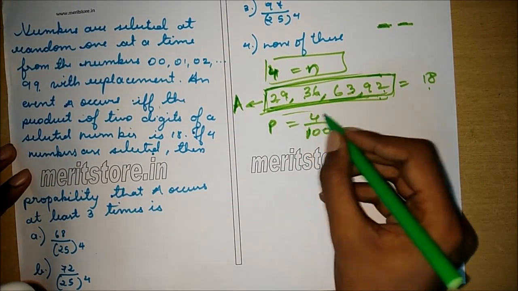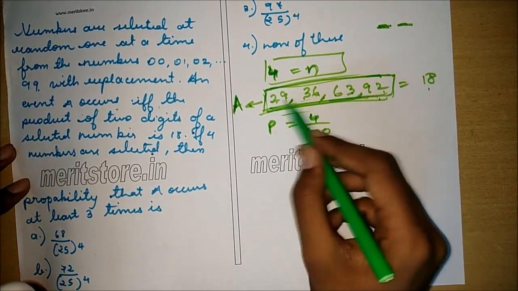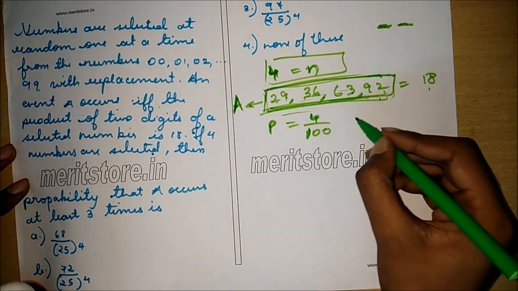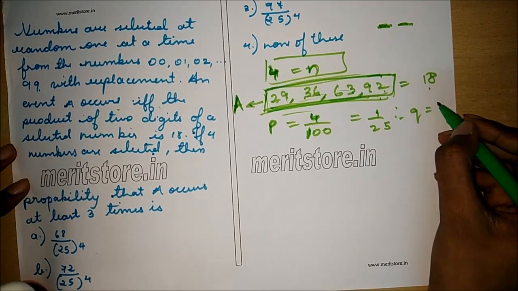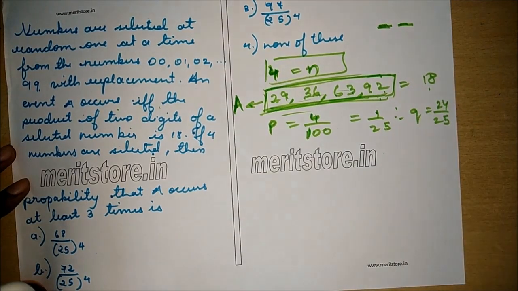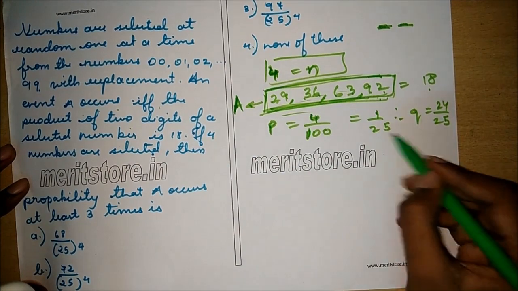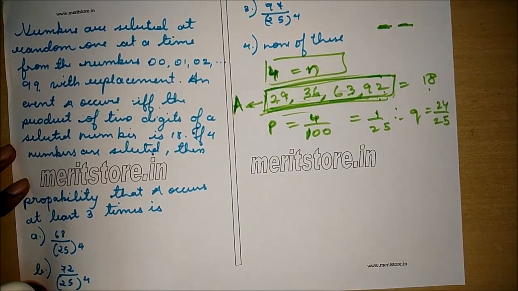So P will be 4 by 100, that is 1 by 25. So therefore Q will be 24 by 25. So P is 1 by 25, Q is 24 by 25.